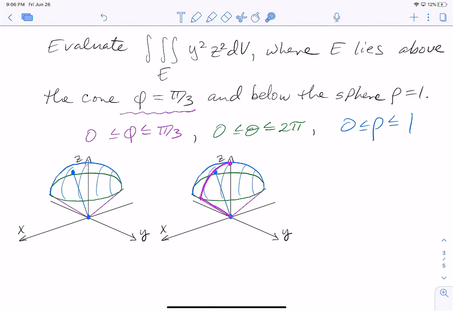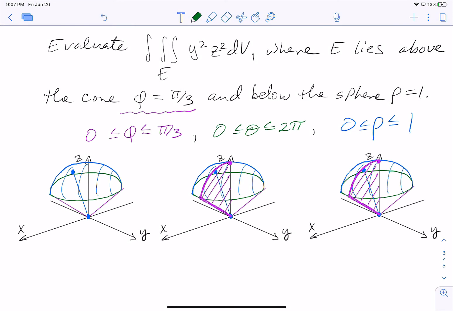So with rho going from 0 to 1 in this case, and then phi taking that 0 to 1 and sweeping it down from 0 to pi over 3, that essentially gives us a pizza slice shaped planar lamina. That's what that is.